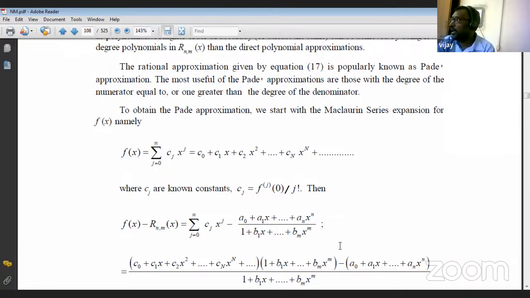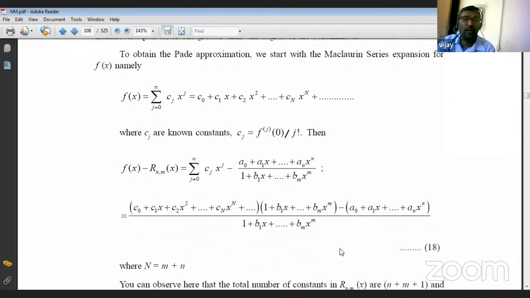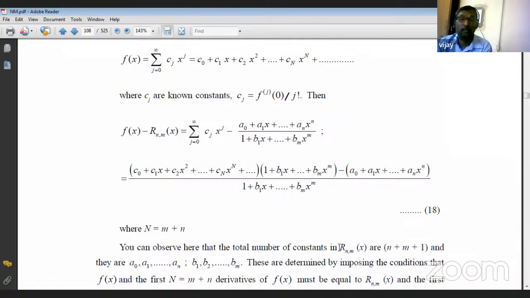So we can write f of x minus r_{n,m}(x) as the summation over j of Cj x^j minus (a0 plus a1 x and so on) over (1 plus b1 x and so on plus bm x^m).